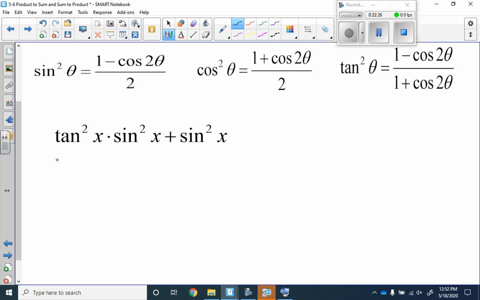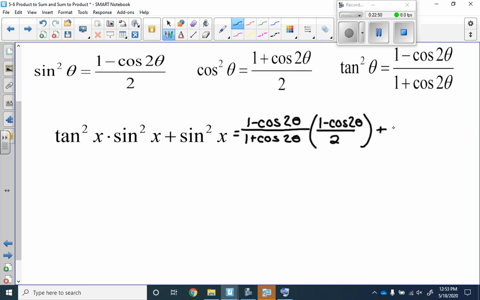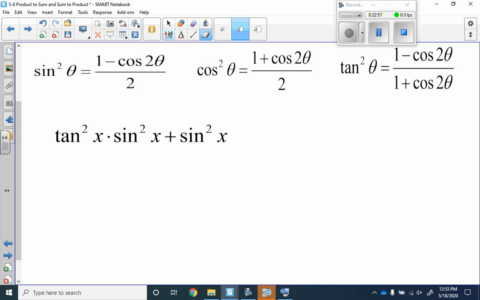Tangent squared x is 1 minus cosine of 2 theta divided by 1 plus cosine of 2 theta, times sine squared, so 1 minus cosine of 2 theta, divided by 2, and then we're going to add sine squared, which actually, I'm going to switch this up, make this a little bit easier on myself.